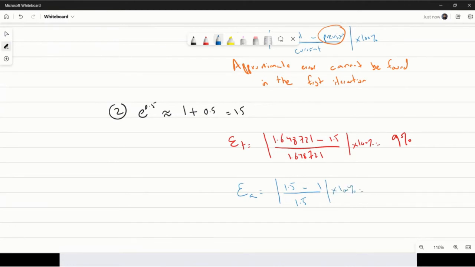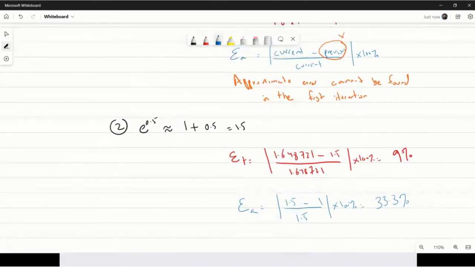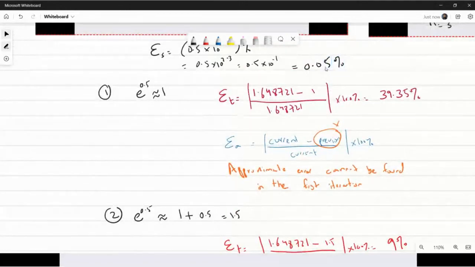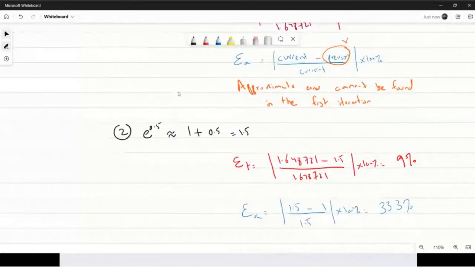So that's 1.5 minus 1 is 0.5 by 1.5, so that's going to be 33.3%. The stopping criteria that we are going to use here, which we said is 0.05%, we are going to compare it with the approximate error, not with the true error. We'll use the approximate error, not the true error, for the stopping criteria.